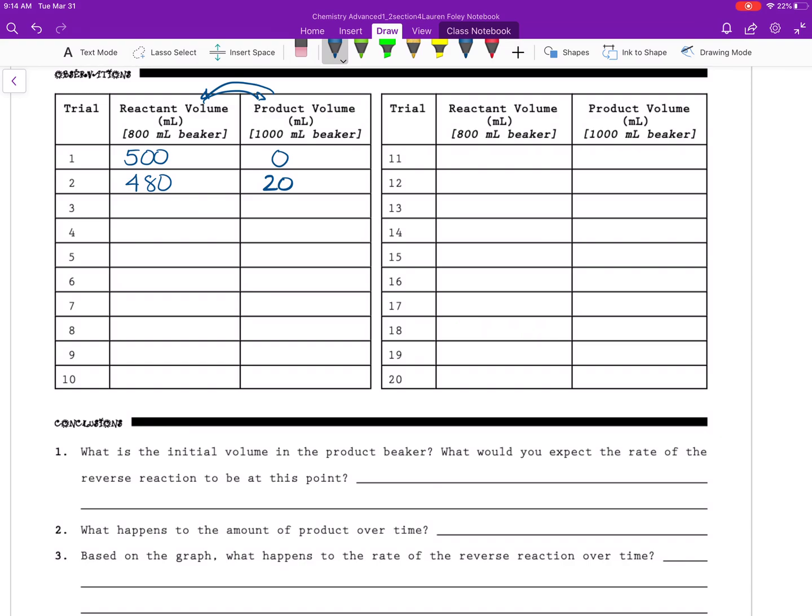And then after another transfer, maybe we'd have like 450 here and 50 here. And after another transfer, maybe like 430 here and 70. So I'm just going to fill in based on what normally happens during these trials.